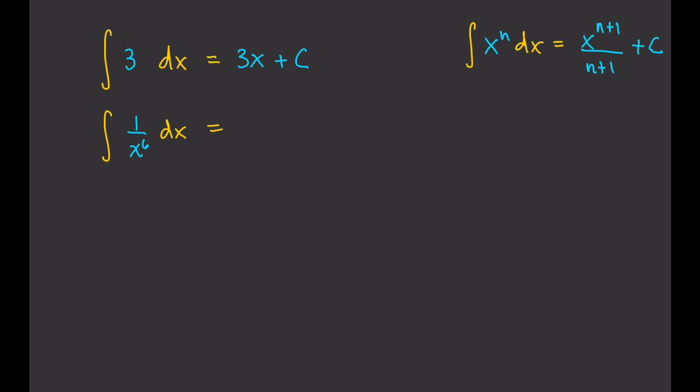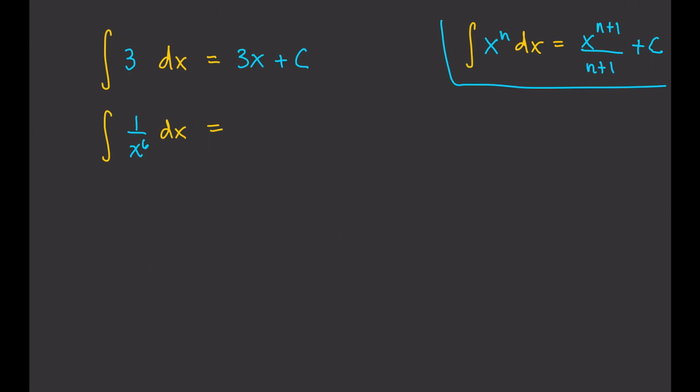Okay, so this is called the power rule. Now you might ask, this is x to the power of n, but this is 1 over x to the power of 6. So clearly that doesn't look like this.